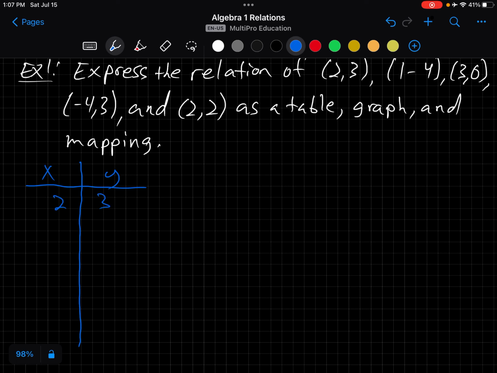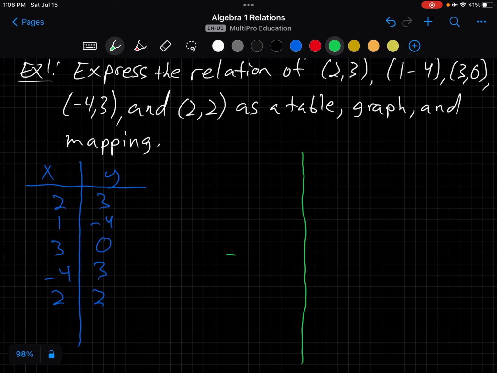So we got 2, 3, 1, -4, 3, 0, -4, 3, 2, 2. So that's all we had to do for the table. Wow, great job.